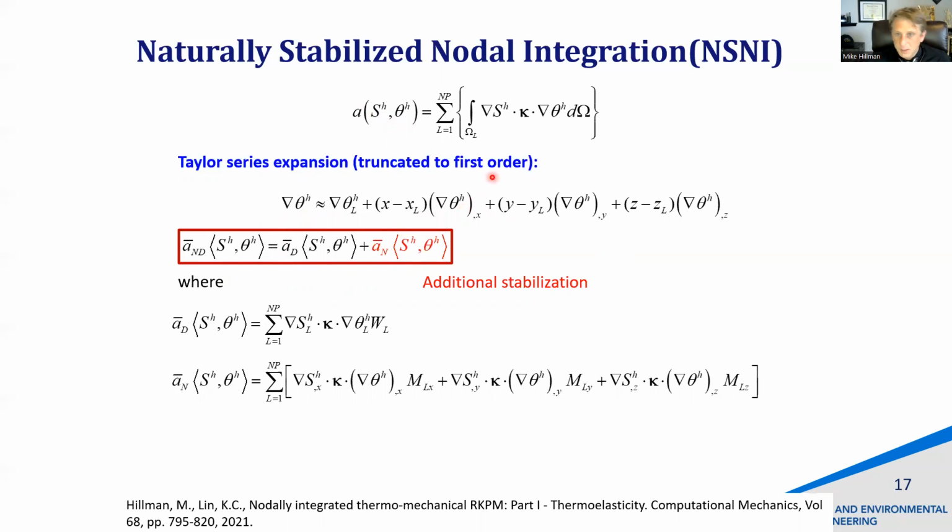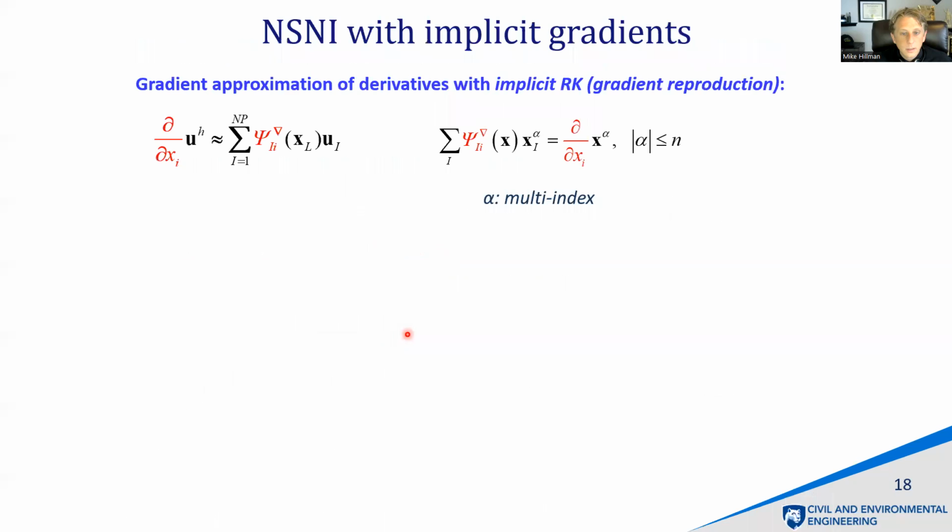But if you have a linear problem, like I'm showing here, we'll just do a Taylor series expansion with the gradient of the temperature field, and you do something very, very similar. You get the moments of inertia here, and then this coercive term for your stabilization in conjunction with the nodal terms. So this is a stabilized nodal integration. Okay.